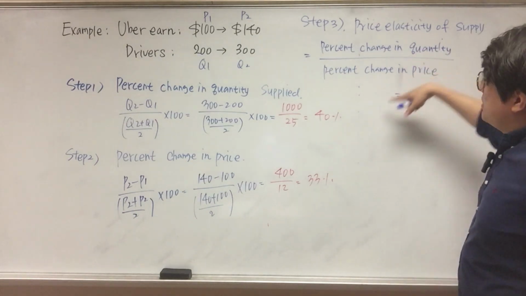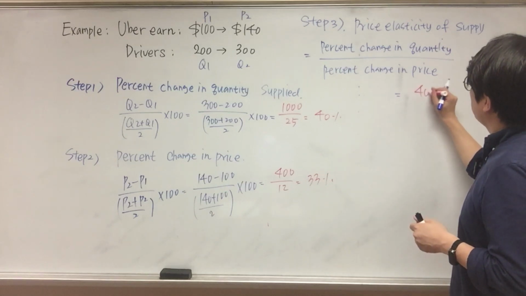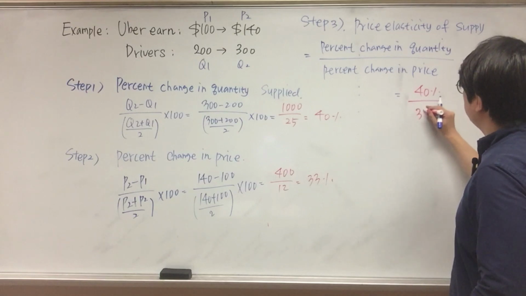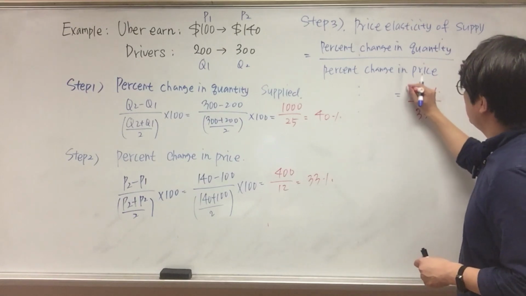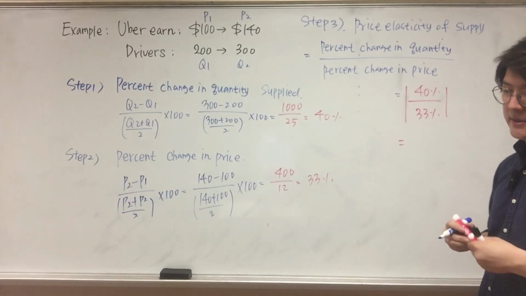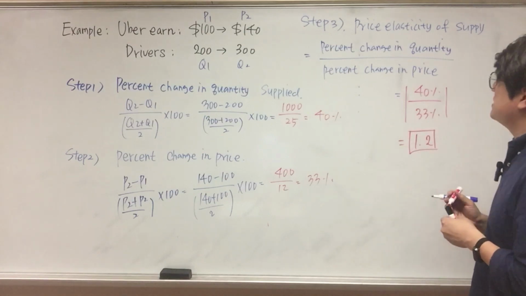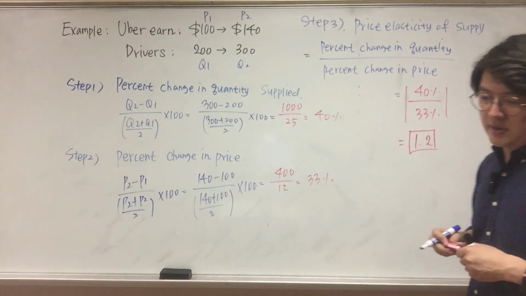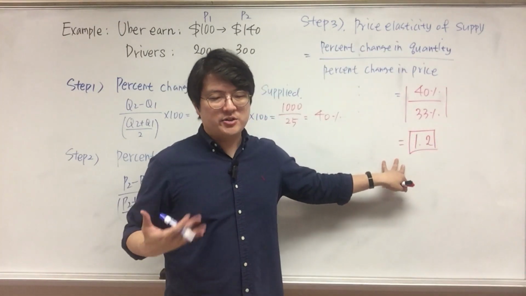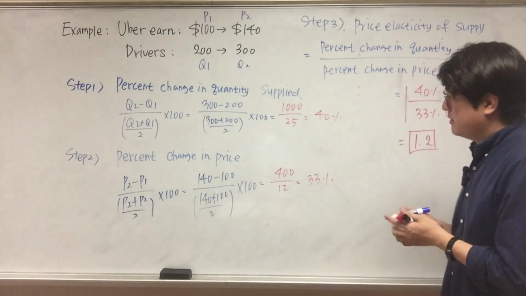So percent change in quantity is 40%, divided by percent change in price, 33%. Anyway, we can use the absolute value. So we have 1.2. This is the price elasticity of supply. This 1.2 is larger than 1, so we can realize that it is elastic.